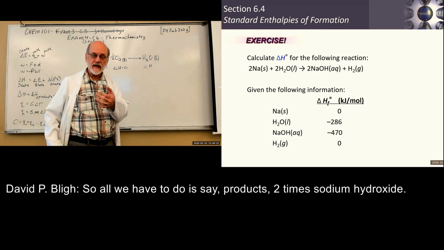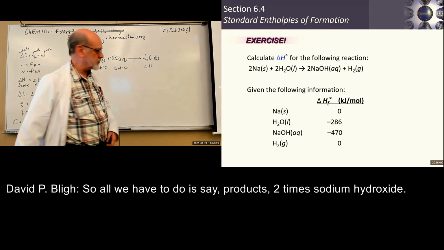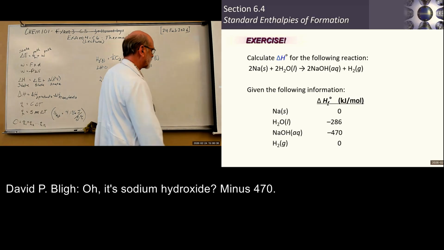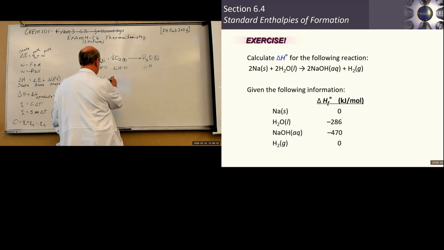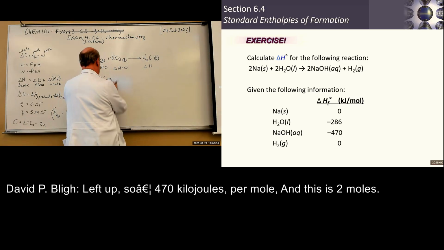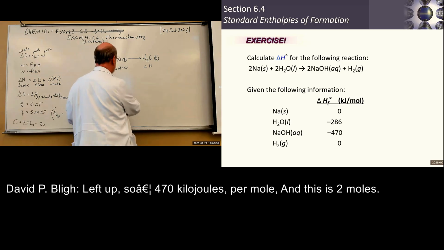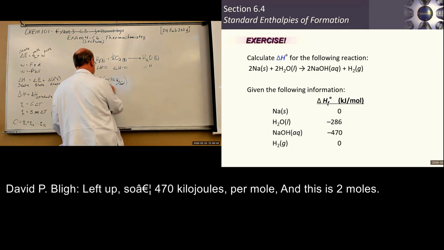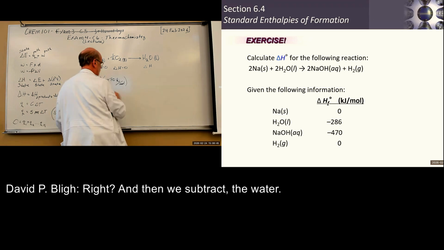So all we have to do is say products, 2 times sodium hydroxide. What's sodium hydroxide? Minus 470. Oops, left out a 7. Minus 470 kilojoules per mole, and this is 2 moles, right?